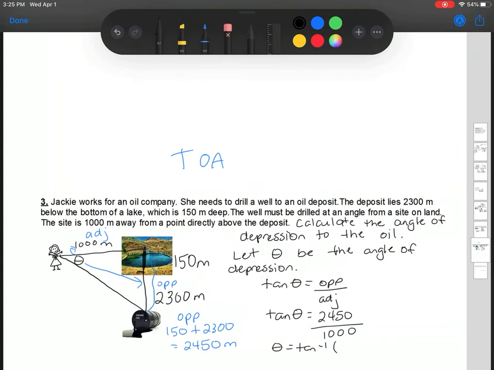Divide 2,450 by 1,000 and you get 2.45. Then take the inverse tan and you get 67.8 degrees. Write a little answer statement.